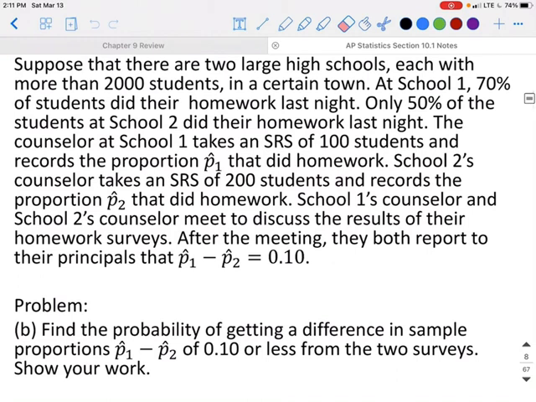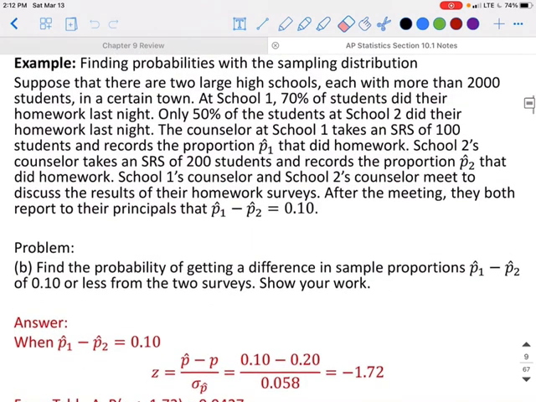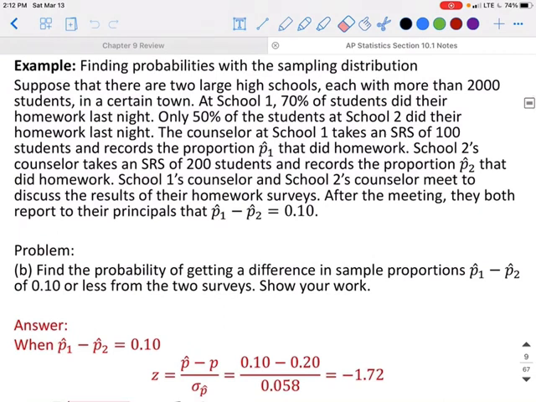Next, we need to find the probability of getting a difference in sample proportions of p hat 1 minus p hat 2 of 0.10 or less from the sampling survey, and we need to show our work. So in this case, we are going to find our z-score, and then we're going to find the area under the curve that falls to the left of that. So we know that p hat 1 minus p hat 2, they told us, was 0.10.